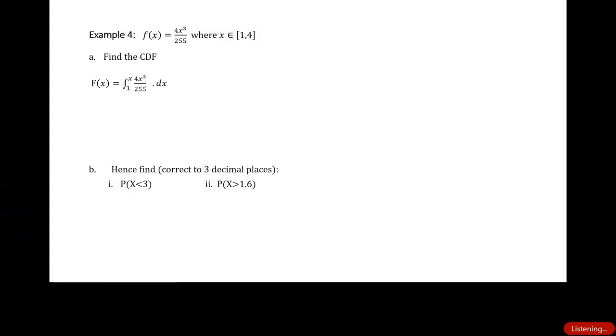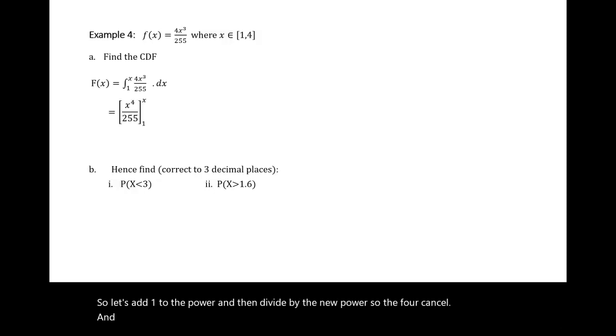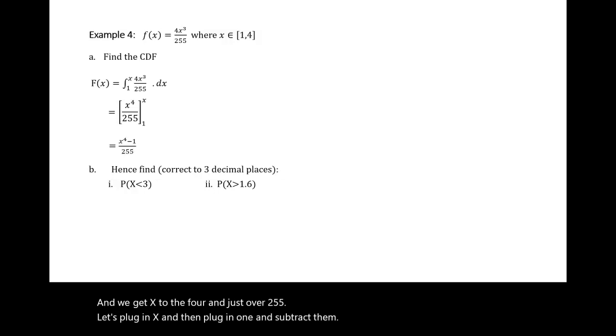So let's add 1 to the power and then divide by the new power, so the 4 will cancel, and we'll get x to the 4 over 255. Let's plug in x and then plug in 1 and subtract them and neaten it up a bit. We'll have (x to the 4 minus 1) over 255.